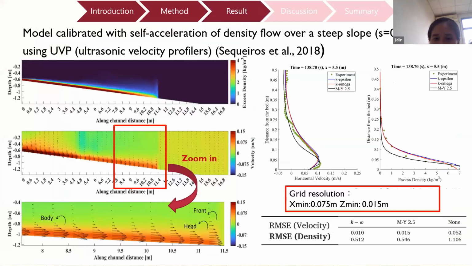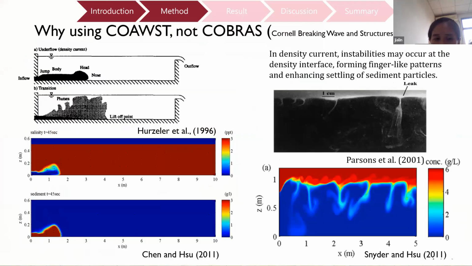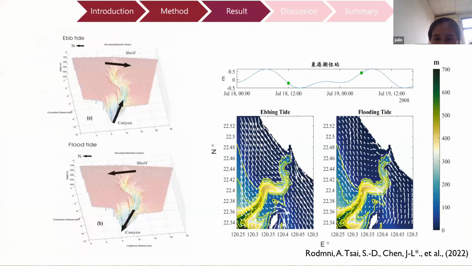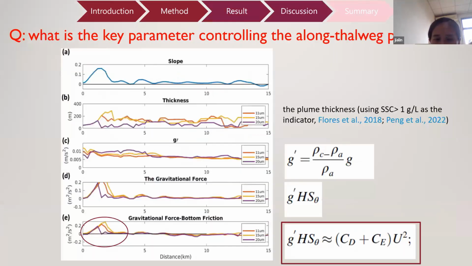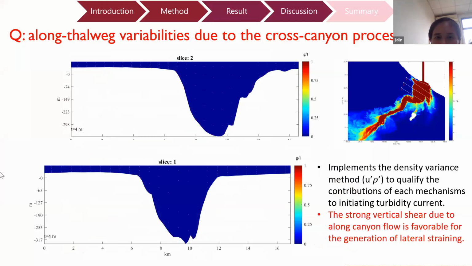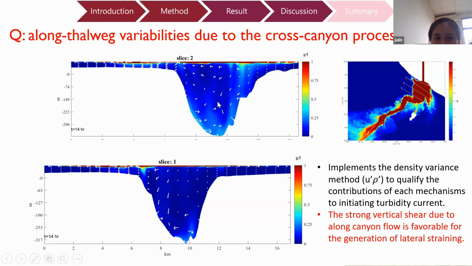So one of the figures I showed is the lateral expansion of the canyon. This figure shows the river water with sediments first going into the canyon, and some other water will also go into the canyon through the lateral direction.